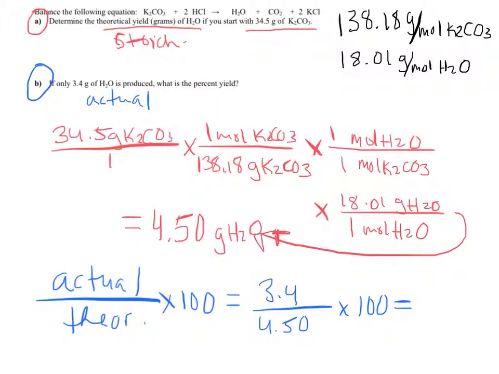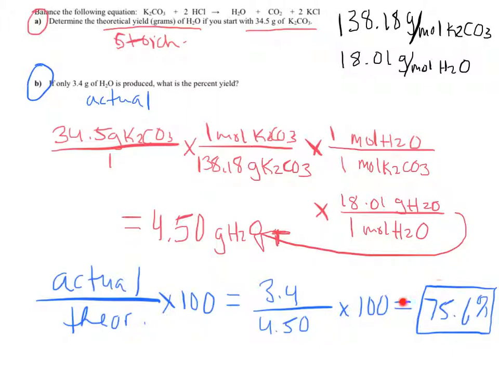So I'm typing that into my calculator now. And that gets me about 75.6%. What this means is when carrying out this experiment, the reaction only went through about 75.6% of what it should have or could have.